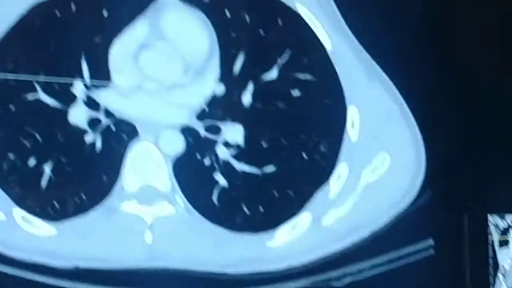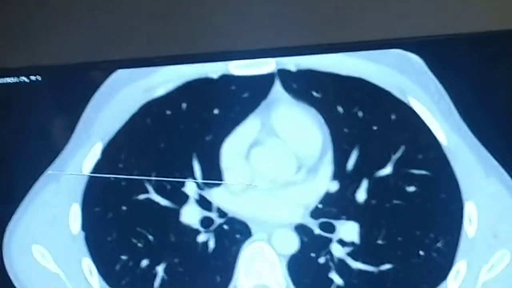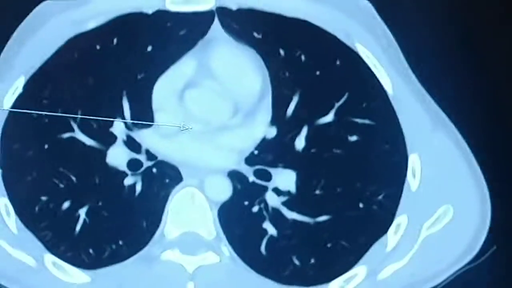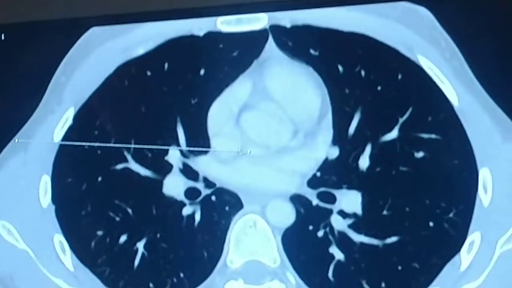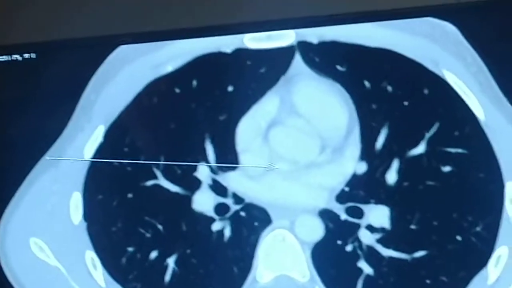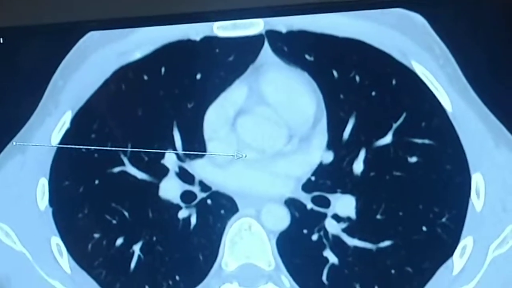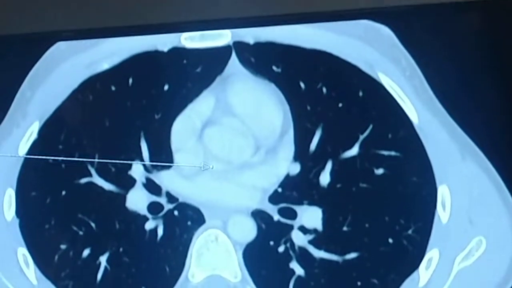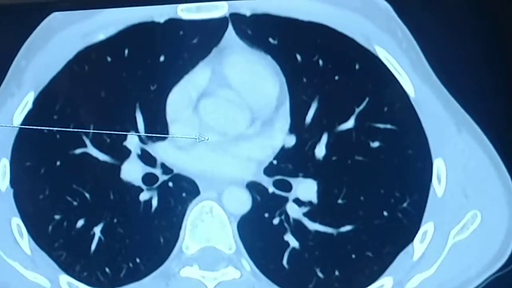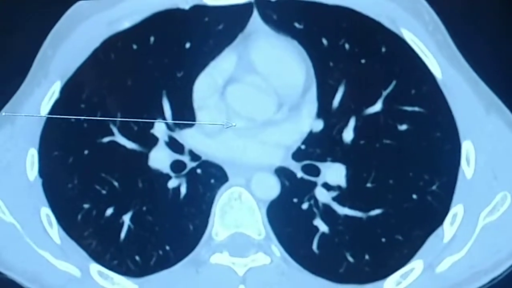The great vein and the small vein of the heart run into the coronary sinus, which runs directly into the right atrium. So there's my coronary sinus.